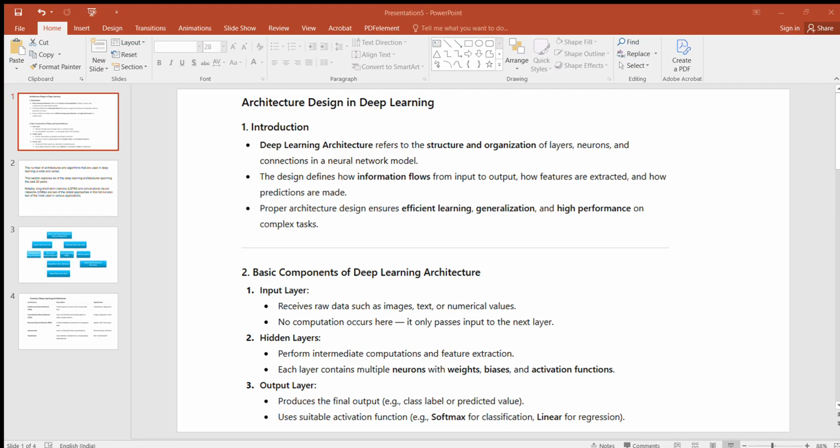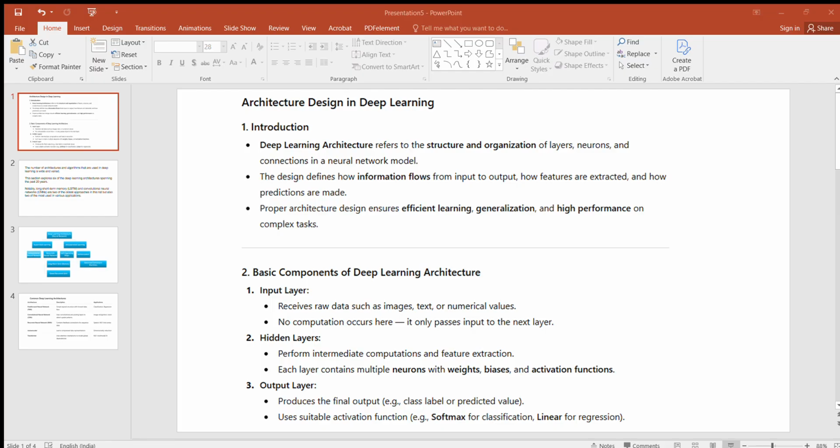Applications are classification and regression. The second one, CNN, uses convolutional and pooling layers to detect spatial patterns, for image recognition and vision problems. RNN contains feedback connections for sequence data. Applications are speech, NLP and time series.